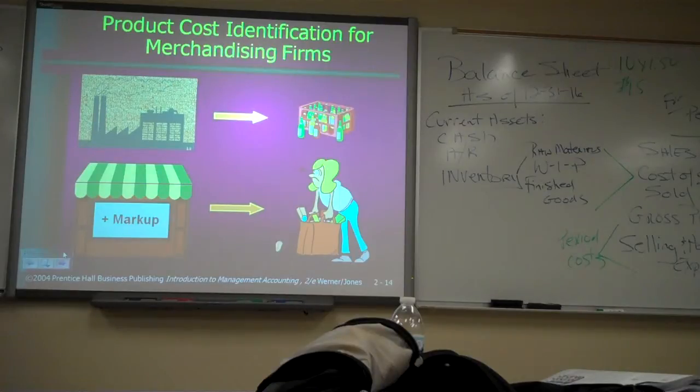I'm sorry, people watching this, you probably don't get this over here, but anyway, $15 sales price, $10 cost, $5 gross profit. Hopefully the gross profit's large enough to cover all the other expenses, selling, administrative, and give you net income, hopefully.